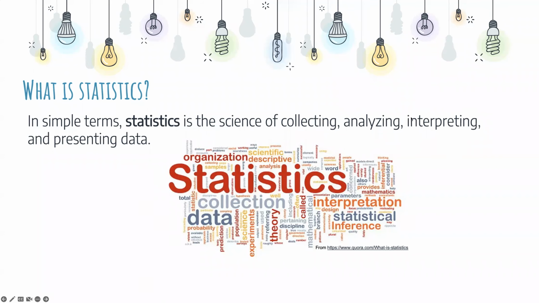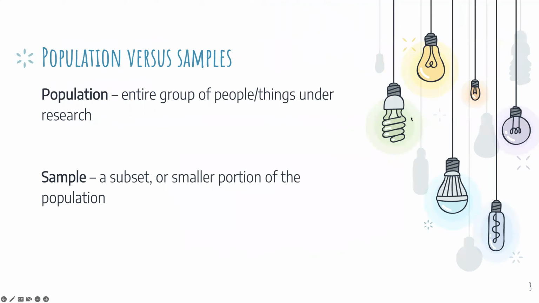Before we move on, we are going to talk about some terms that are important to understand as we move forward in the statistics class. Let's start by defining what a population is and what a sample is.